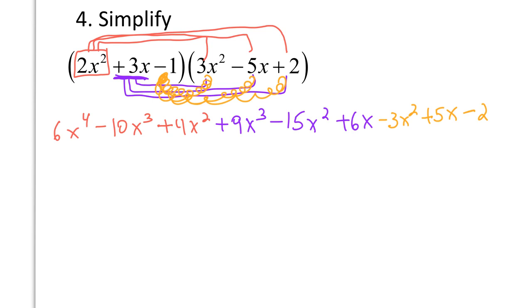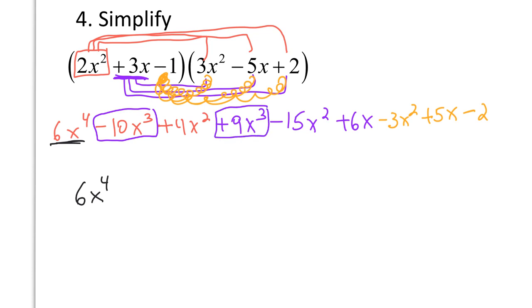Now you combine like terms. So you always start with the highest exponent, which is the standard form. The highest exponent is 4. So I'm looking at the trinomial and I don't have another x to the 4th power. So I'm just going to bring that term down, 6x to the 4th power. I do have an x cubed. For my x cubes, I have a negative 10x cubed plus 9x cubed.